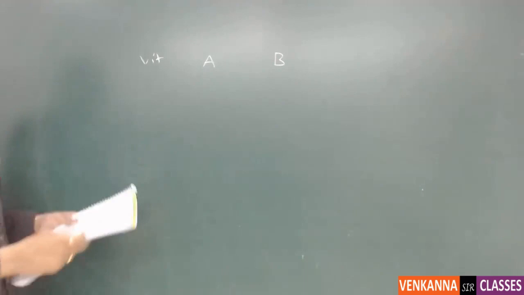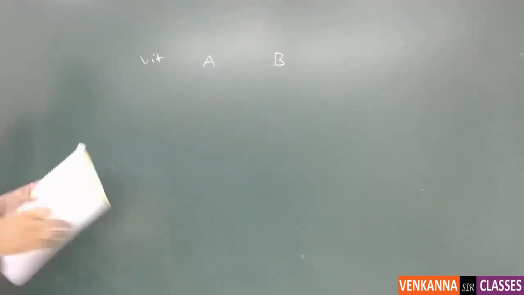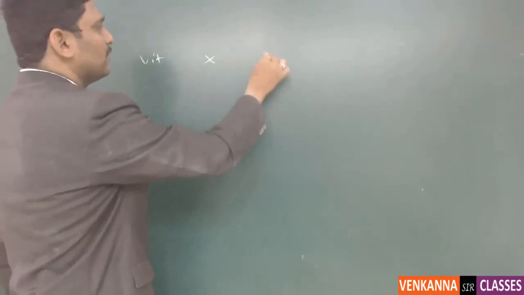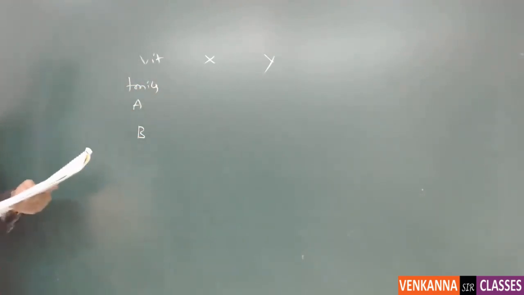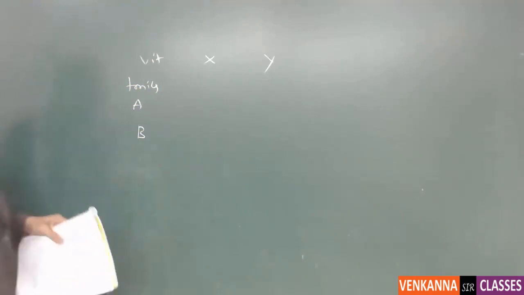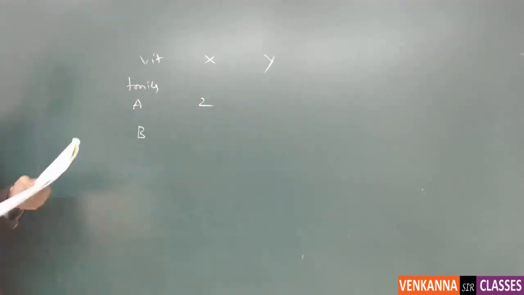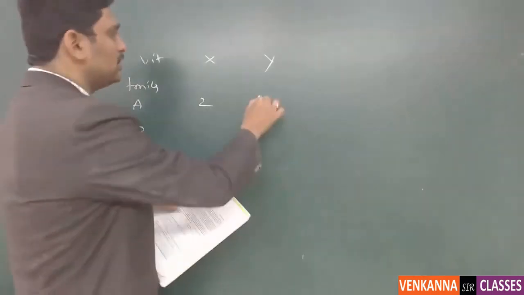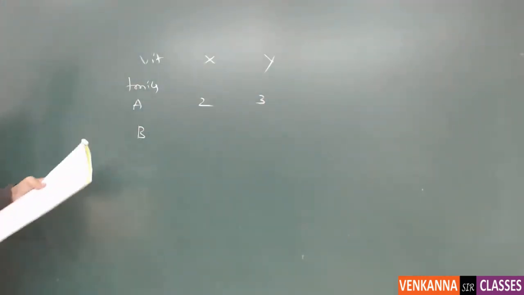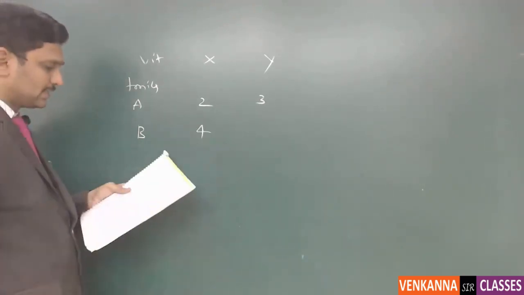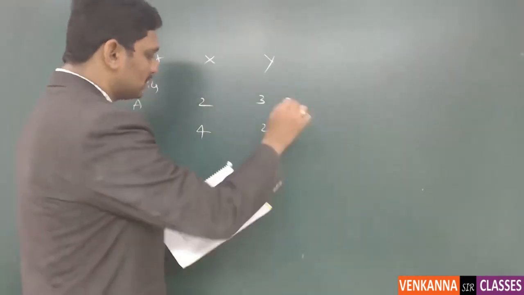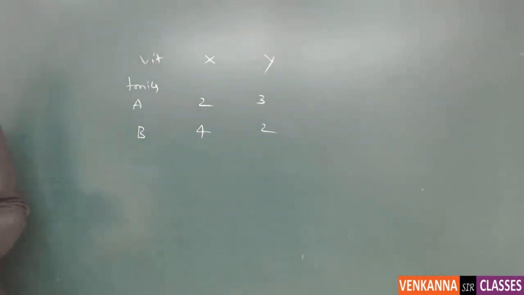For our convenience, I want to give the notation vitamin X and vitamin Y, and the tonics A and B. If you take tonic A, it consists of 2 units of vitamin X and 3 units of vitamin Y. If you take tonic B, it contains 4 units of vitamin X and 2 units of vitamin Y. Both tonics are available in the medical shop.